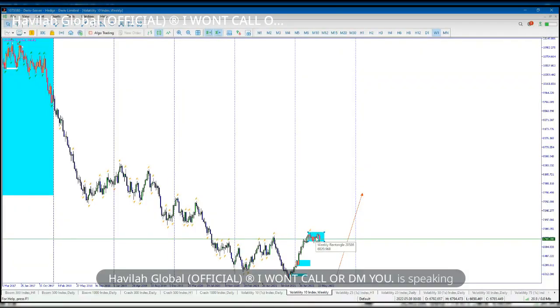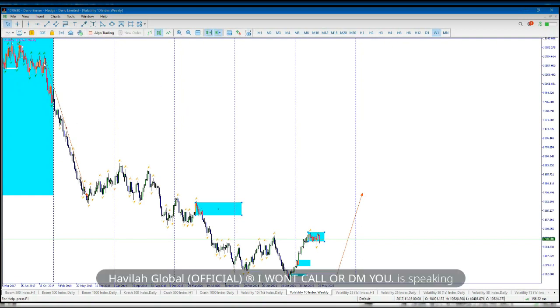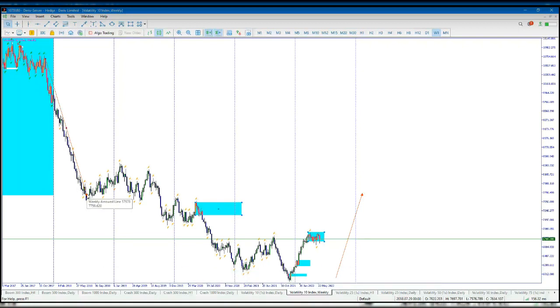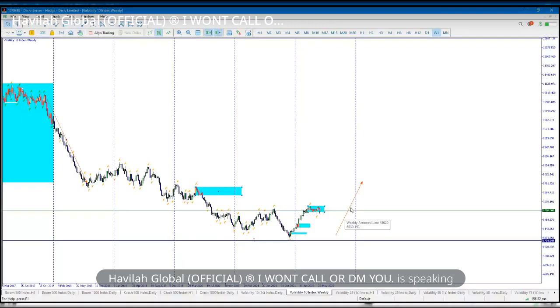See this long move. You wouldn't have known where price would turn back. So it's at the discretion of price to turn back from wherever it wants. What you just need to watch out for is your checklist that aligns with what your daily is saying.